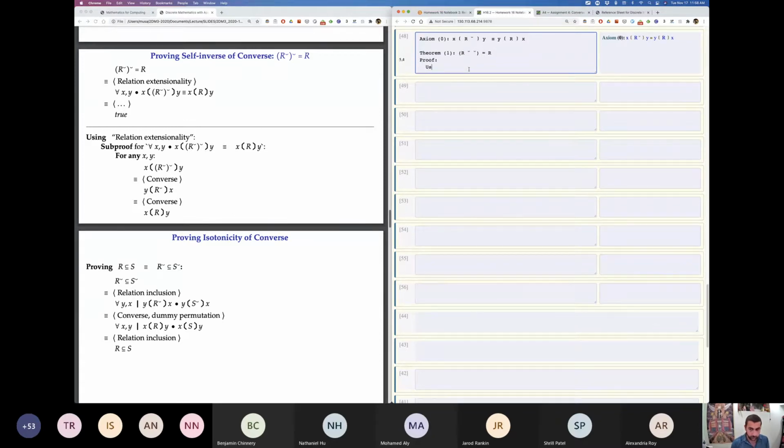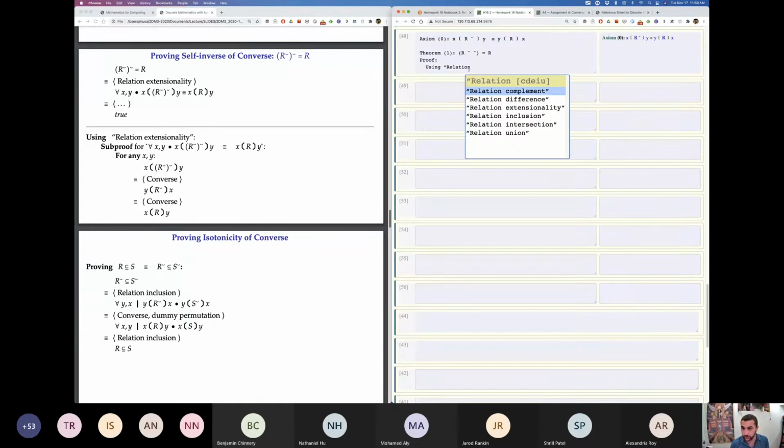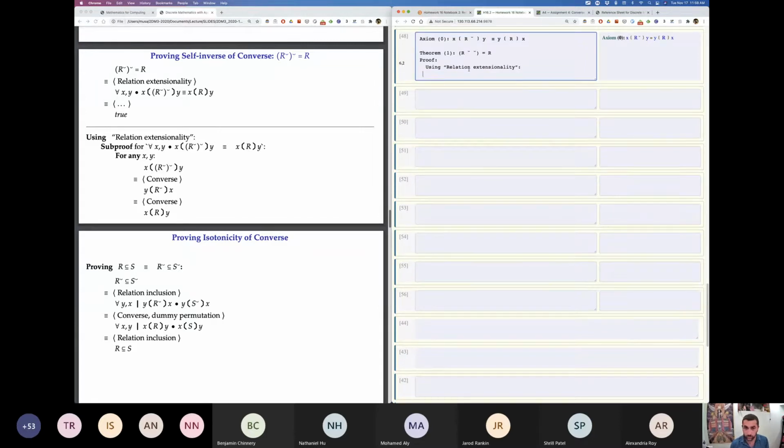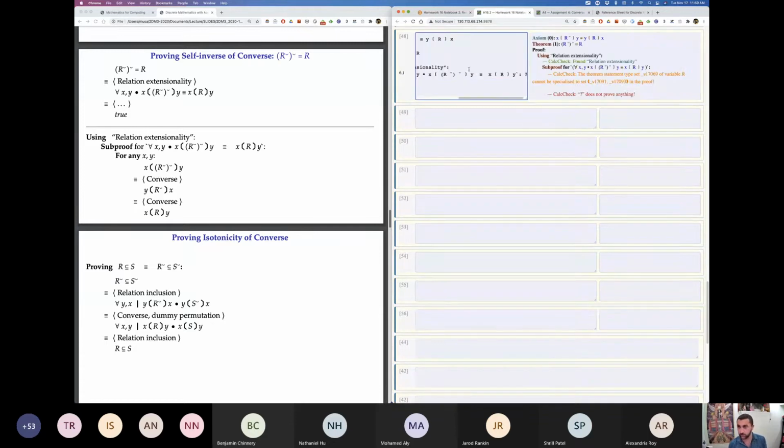And we're going to say we're using relationality, and that will require us to do a subproof: for all x, y, x is R converse converse related to y precisely when x is related to y. Okay. Cool. The theorem statement of type cannot be specialized in the proof. Okay.